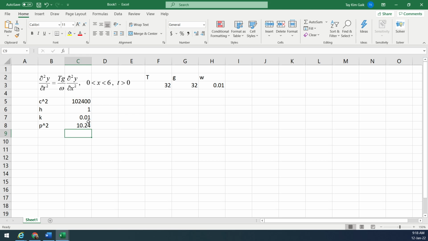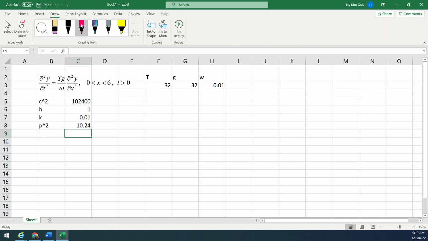Okay, can you still remember in the wave equation, after you get this one, what is the three level molecule? If you cannot remember that three level molecule, then you have to derive it again. The wave equation is del 2y del t2 equal to c squared del 2y del x squared.